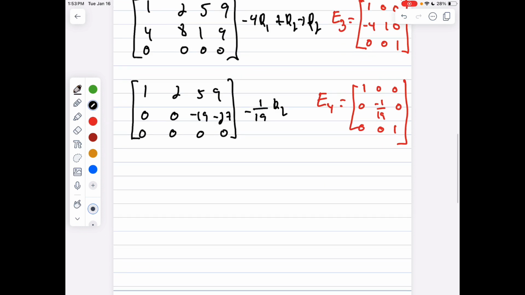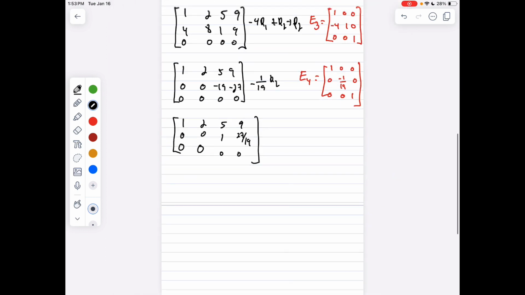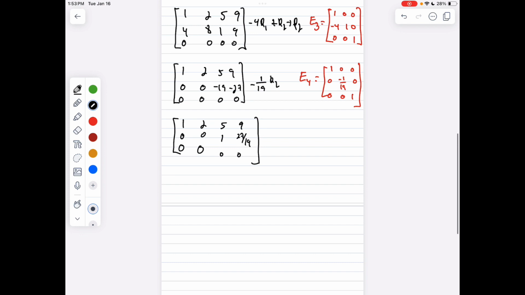And that result applies to the matrix right above, so it'll be 1, 2, 5, 9, 0, 1, 27/19, and 0, 0, 0, 0. Okay. And that is it. This is in echelon form. I don't need to put this into reduced row echelon form. That's not what we're asked.